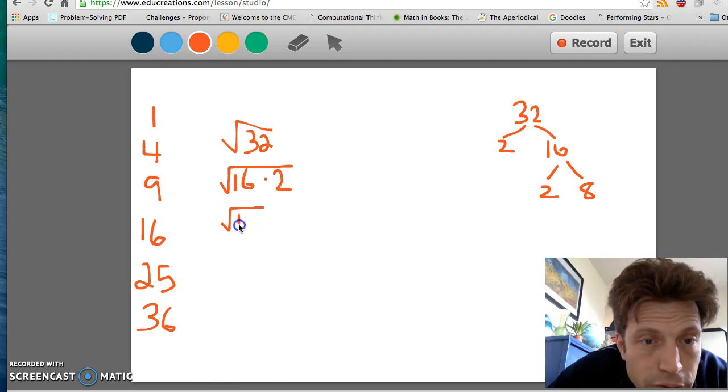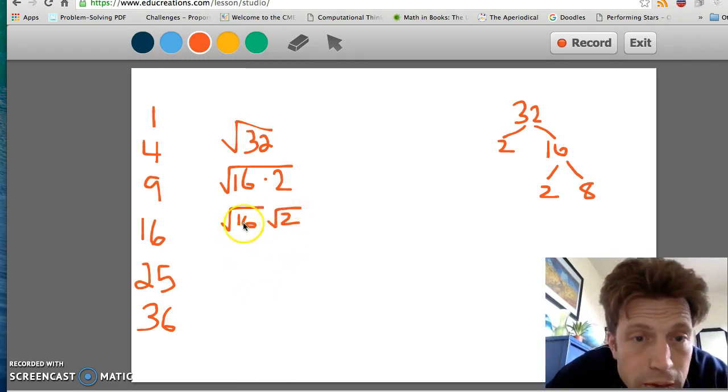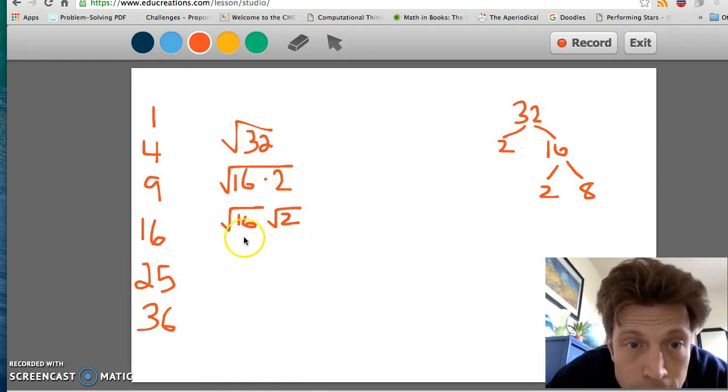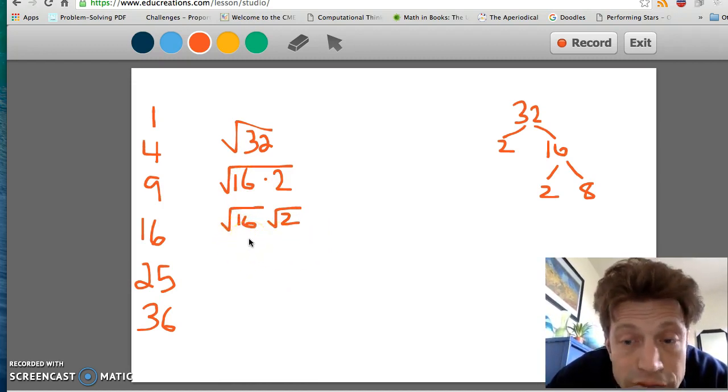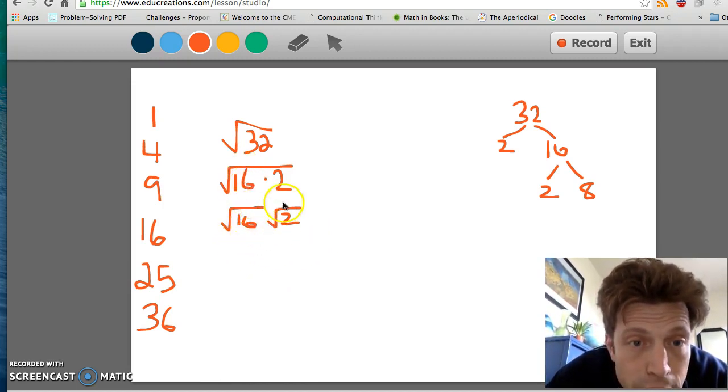One rule of square roots or of radicals, I think it's the product rule of radicals, is that the square root of 16 times 2 equals the square root of 16 times the square root of 2. I can multiply radicals together like that and factor them like that. And now I get to simplify, because now the square root of 16 times the square root of 2 becomes 4 square root of 2.